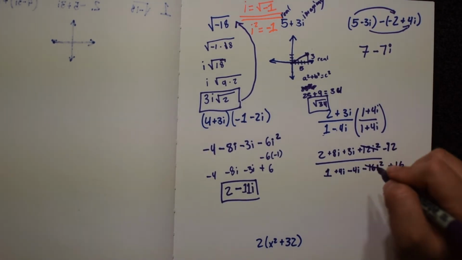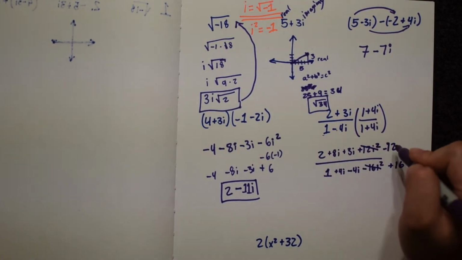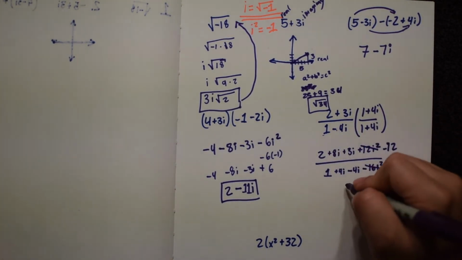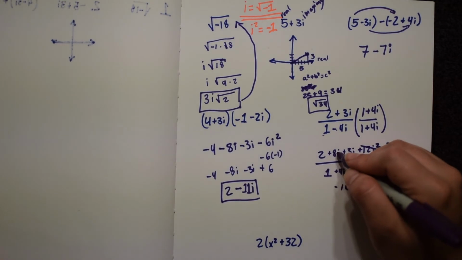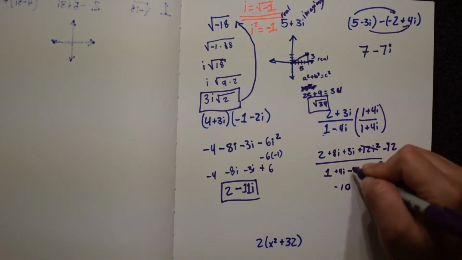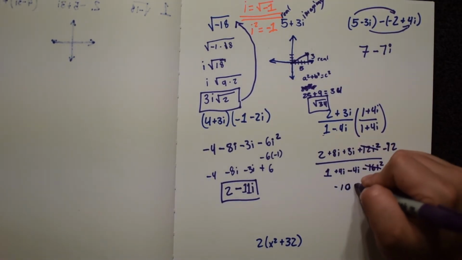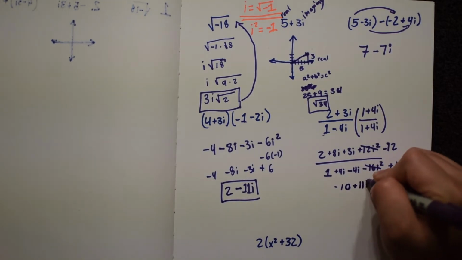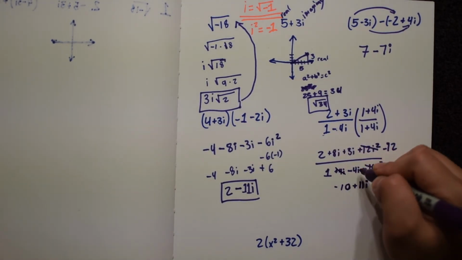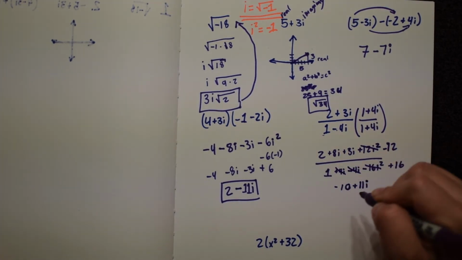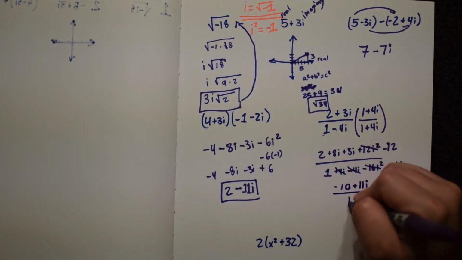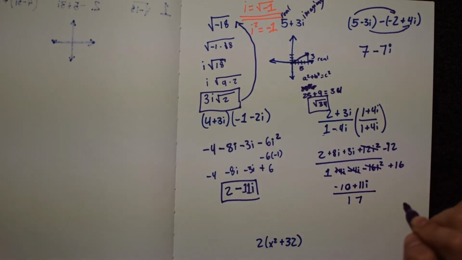Now we can go ahead and combine some like terms. 2 and the negative 12 will give us, sorry, negative 10. And then that 8i and that 3i will give us plus 11i. These 4i's are actually going to cancel out, and what we're left with is 1 plus 16, which will give us just 17.